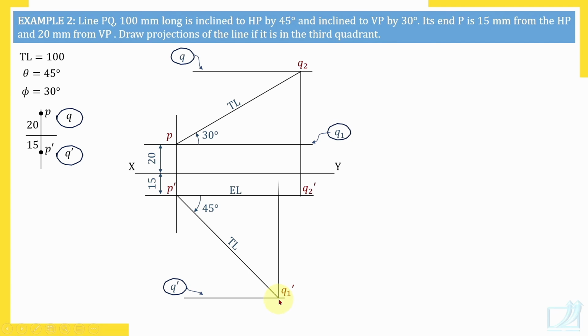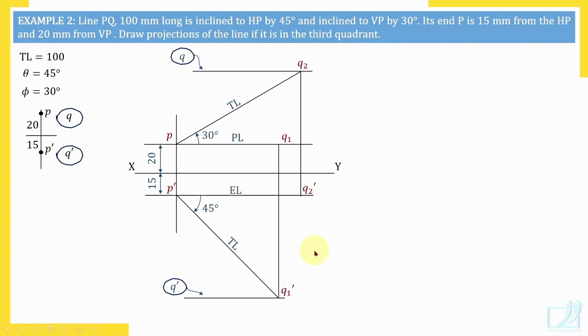So draw a vertical line through Q1 dash. On this line Q1 is, and also Q1 is on this line. So that means now we are sure where that point Q1 is. What is the length PQ1? PL. Once you get the correct location of Q1, that rough labeling I have erased. So PQ1 is PL. P dash Q2 dash is EL.